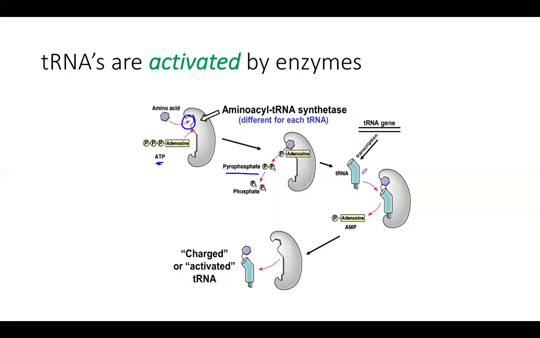Then your tRNA comes in, your phosphate leaves, so your AMP here, and then the amino acid binds to the tRNA. So this is called your charged or activated tRNA, and that's how that tRNA comes in and brings that amino acid, and you form your polypeptide chain. And we'll go in more detail as we go on with the slides.